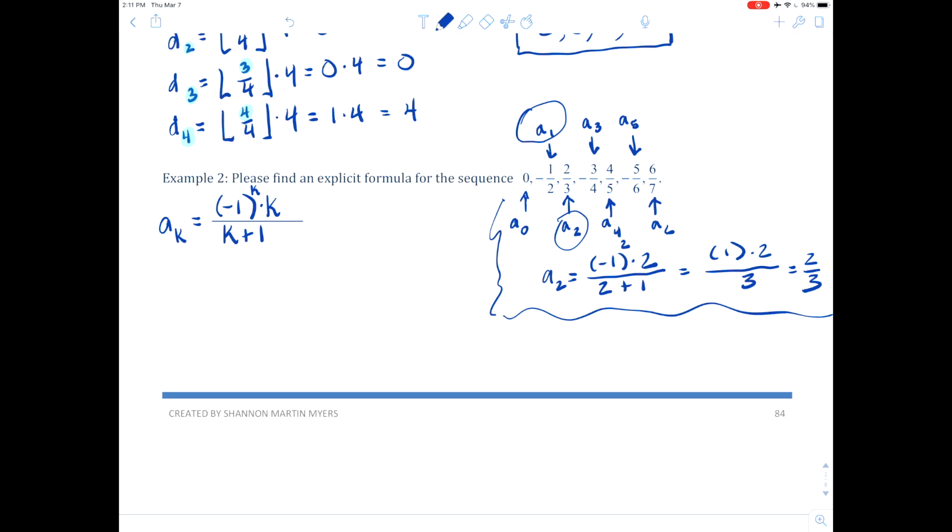And then we have to identify what's going on with k, right? So what does k start with? K is an integer, right? So for any k that belongs to the set of integers such that k is greater than or equal to 0, right?